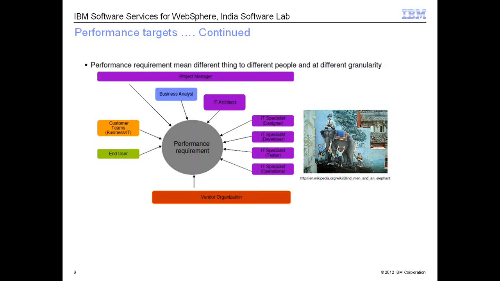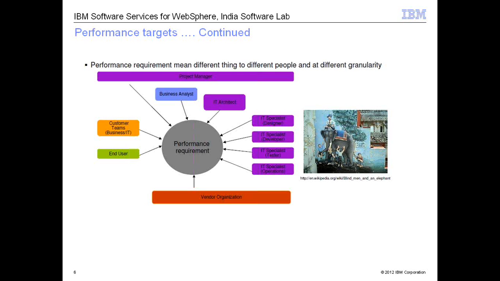It could be a business analyst, it could be an IT architect, it could be a set of specialists working towards making this happen. Now, does this performance target mean the same to everybody? At a larger umbrella, yes. Response time remains response time, throughput and volumetrics remain the same. But the context or the granularity at which they look at it will keep changing.